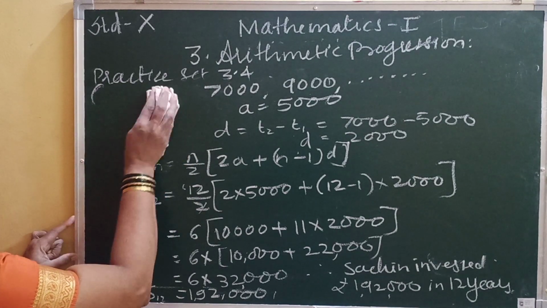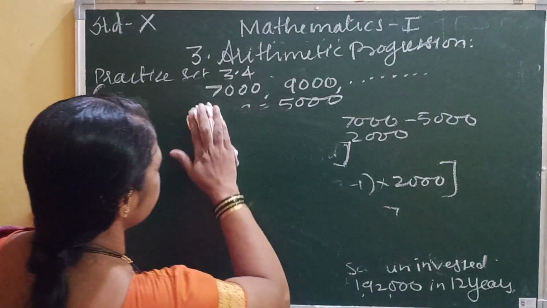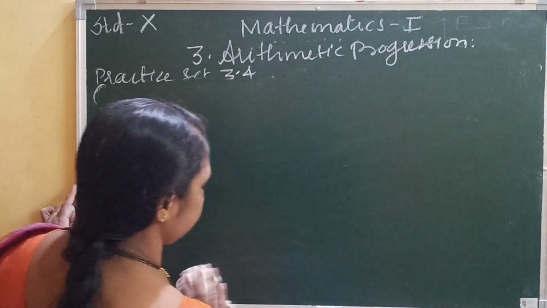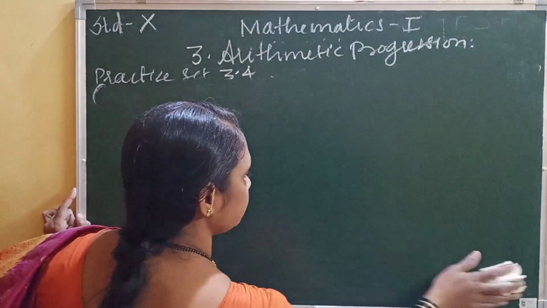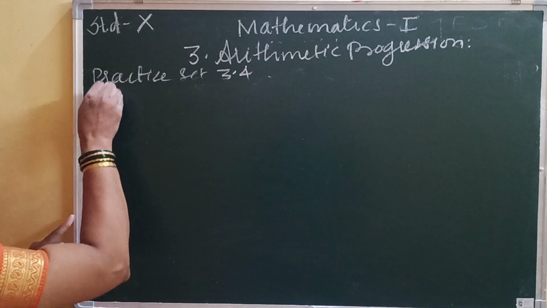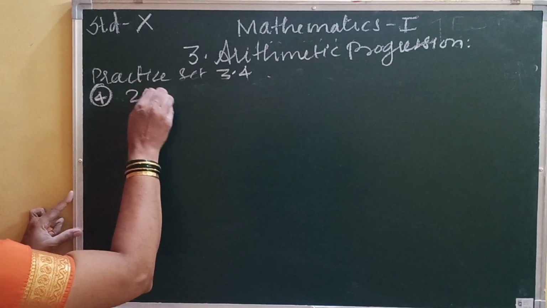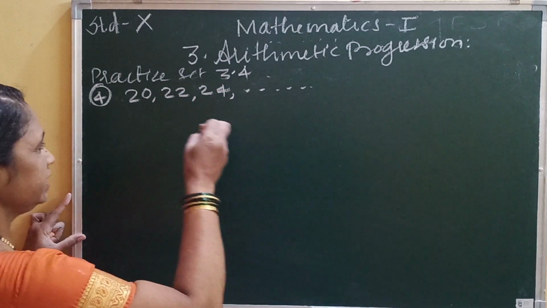Question number 4. There is an auditorium with 27 rows of seats. Here first row 20, second 22, and third 24, which means it is an AP.